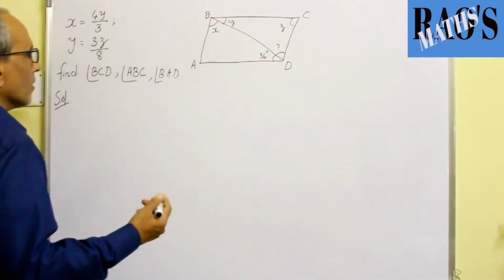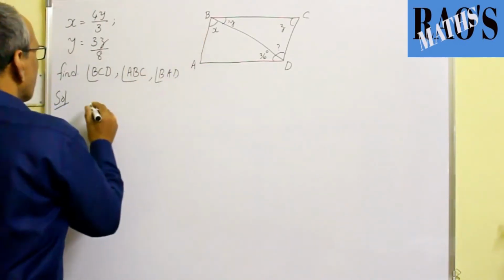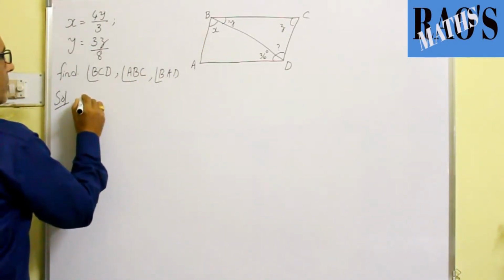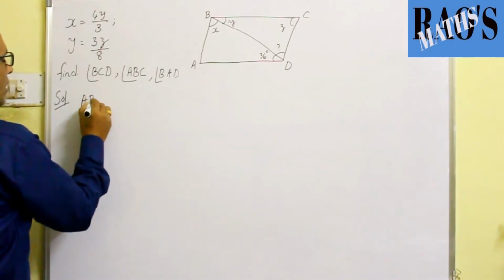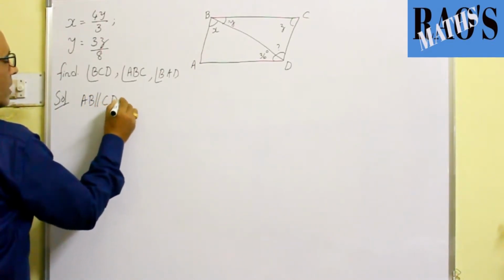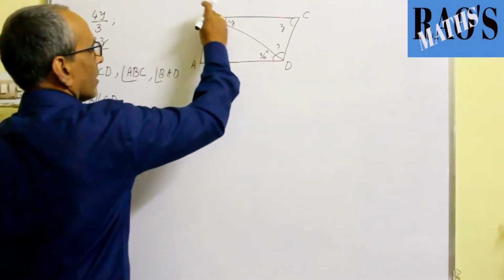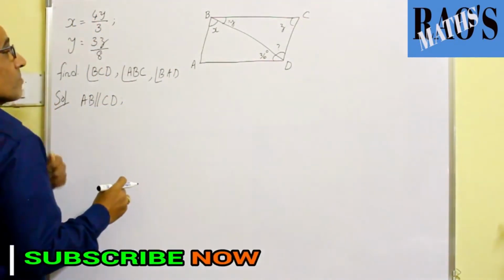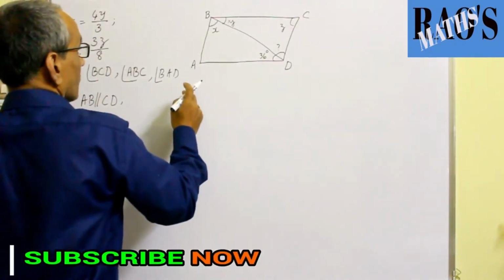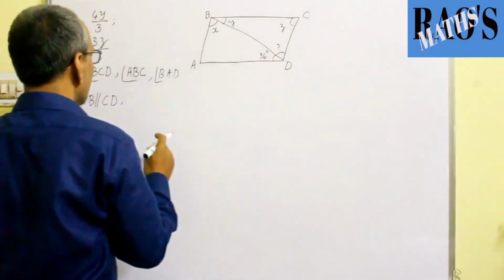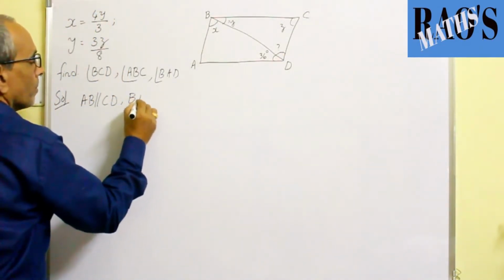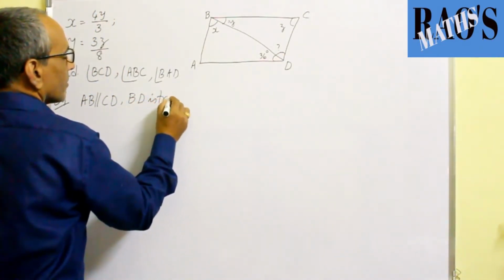Let's see how. First you have to see that AB is parallel to CD in the question. Then what is the transversal? BD is the transversal.